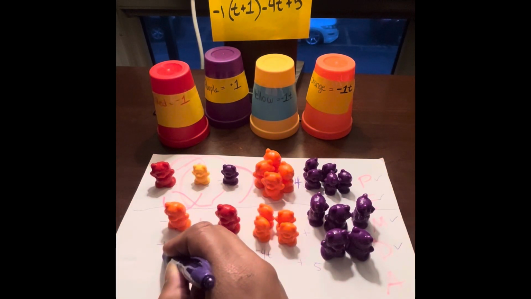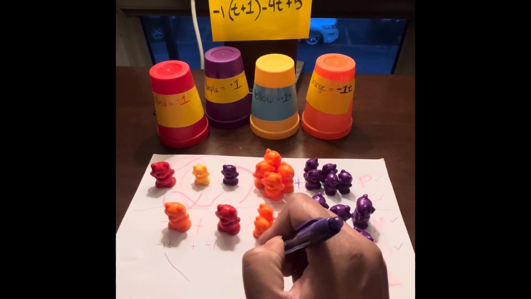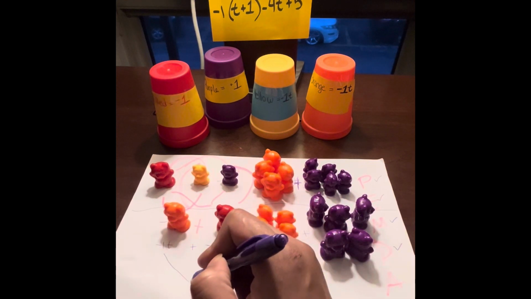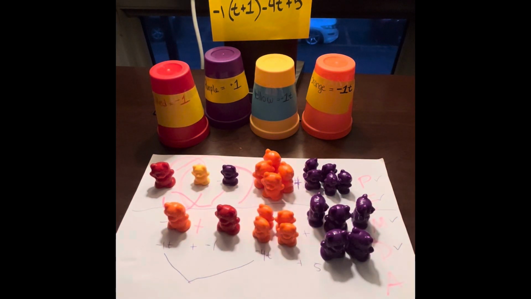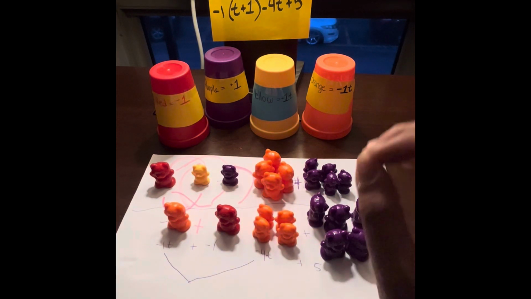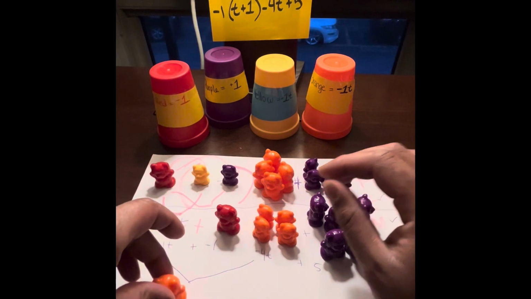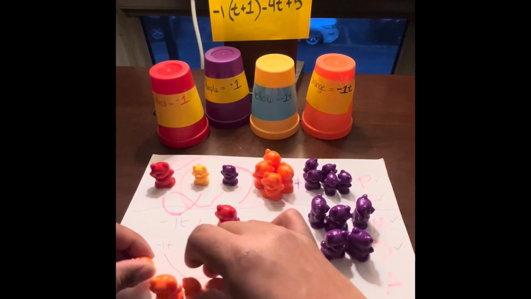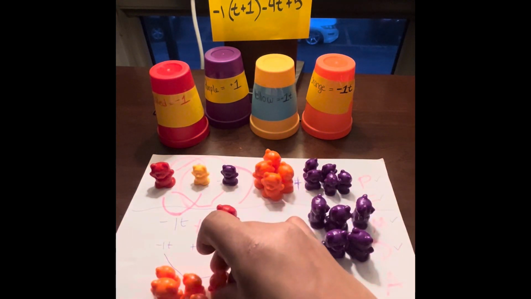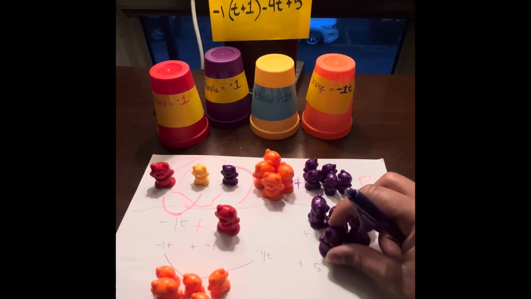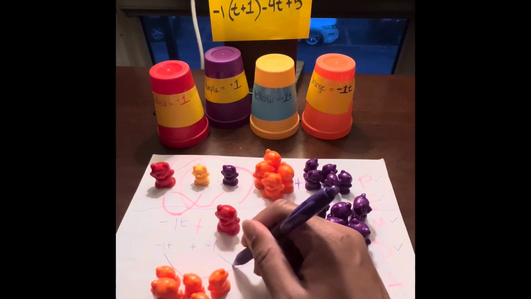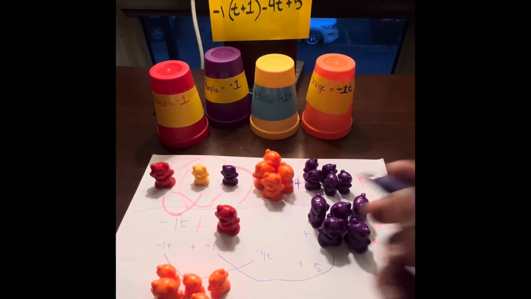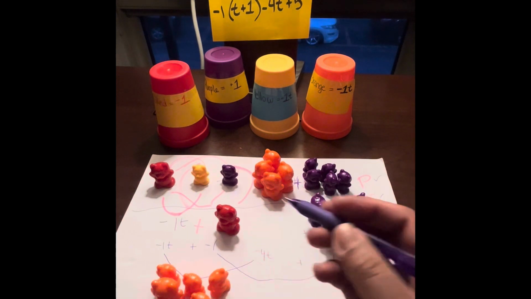So negative 1t plus negative 4t will give us negative 5t. We are going to move these down. So you have negative 5t. And then we're going to simplify negative 1 plus 5 equals 4, because 5 minus 1 equals 4.